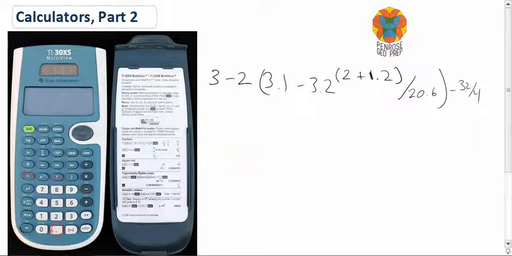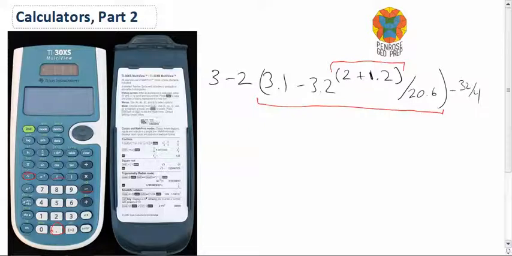So if we look at this expression, we know that we need to do things in parentheses first if we're using the order of operations. So the part we're going to focus on first is here. Within parentheses, we still do parentheses first. So the first thing we need to do is figure out what that is.